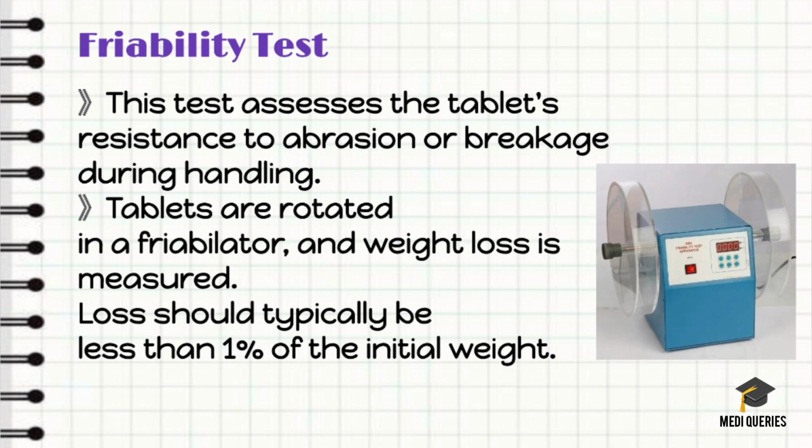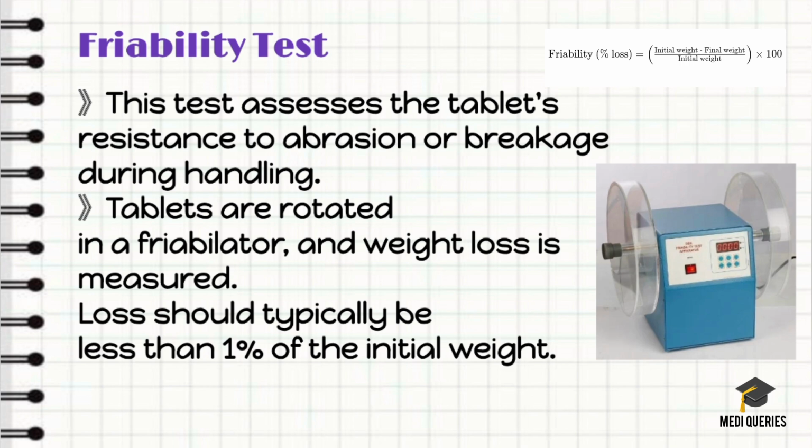After 4 minutes remove the tablets, remove the dust and weigh them again. Initially we took the reading and finally, after the test, we are taking the reading again. Then we will find the friability by calculating the percentage loss using this formula: friability is equal to initial weight minus final weight, divided by initial weight, into 100.